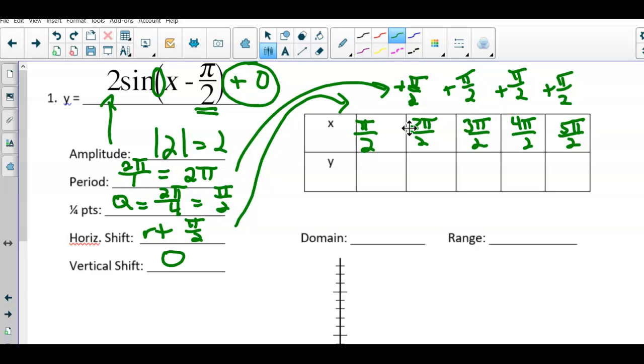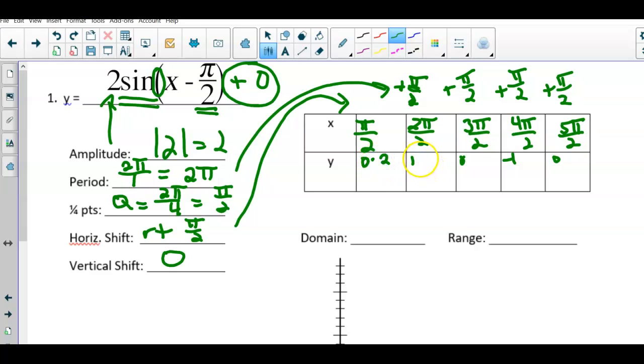For the y values, I have to understand which function I'm using. Since it's the sine function, I know the pattern is 0, 1, 0, -1, 0. My amplitude will take each of these values and multiply it.